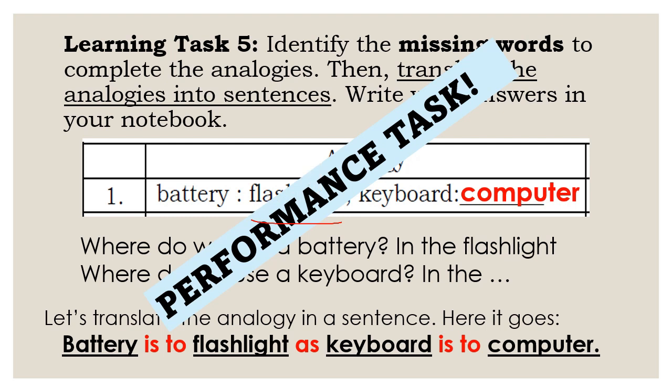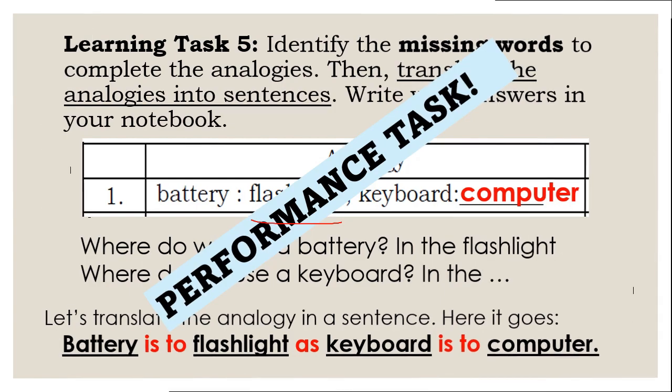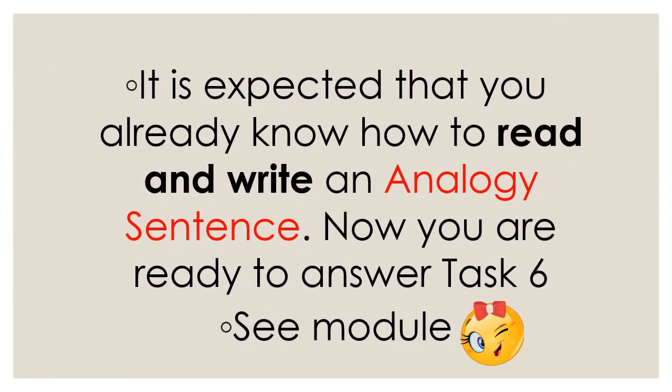Now, this task or learning task 5 will be your performance task. So make sure you follow directions carefully. It is expected after answering Learning Task 5 that you already know how to read and write an analogy sentence.